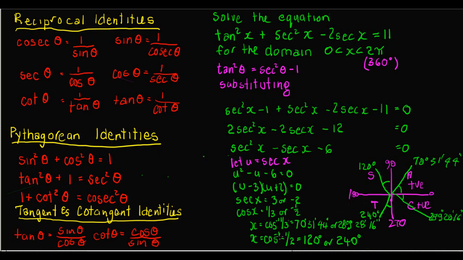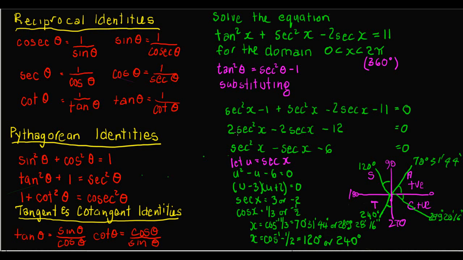We're going to be substituting into the equation for tan squared x. So for tan squared x, we're going to put sec squared x minus 1, and then the rest of the equation, plus sec squared x minus 2 sec x minus 11 equals 0.